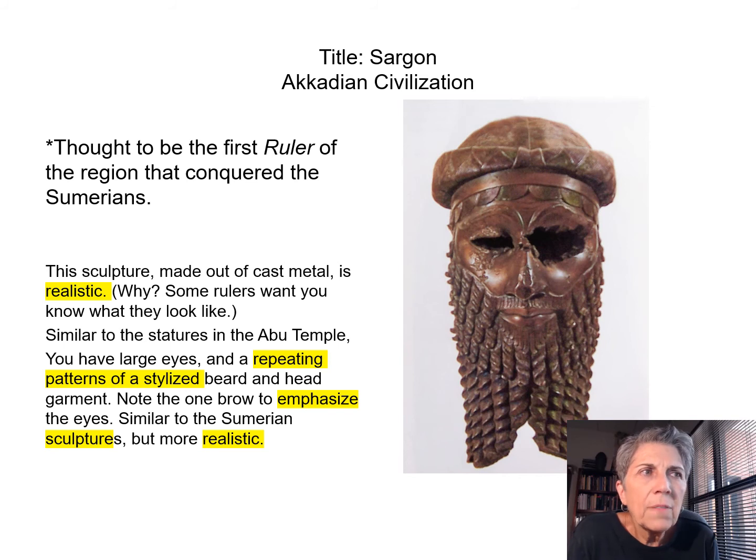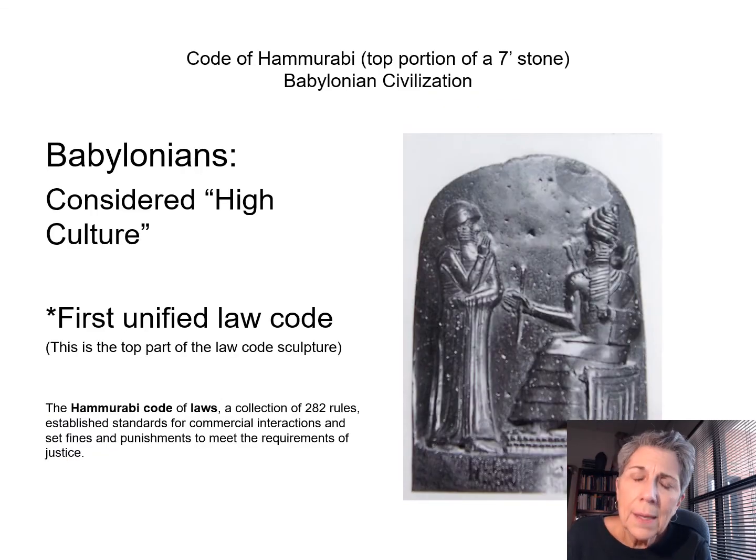And so here I've highlighted, again, some of the art vocabulary that you could be using. Now, the Akkadians are going to be conquered by the Babylonians, and it's going to go back to less realistic and more stylized and abstraction. In all cultures, you build to what we call high culture.